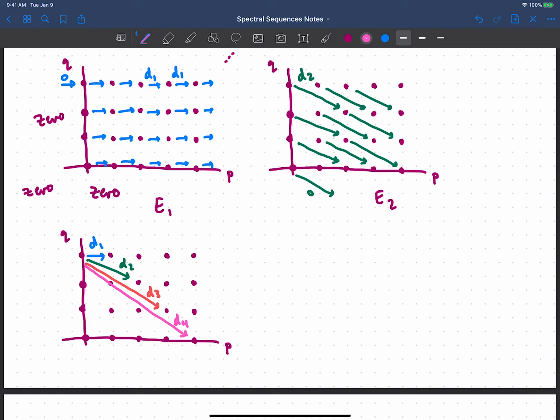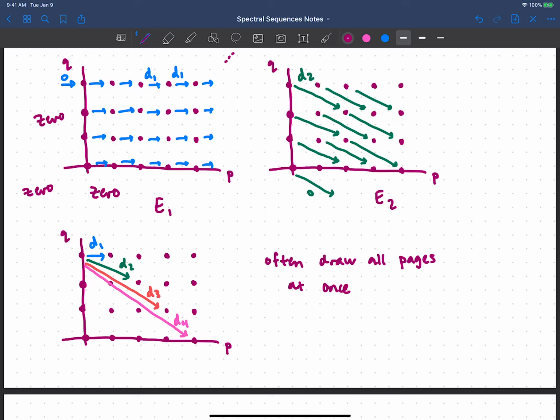So this is what we mean by a first quadrant spectral sequence stabilizes, because at any given position, eventually your differential will land in 0, in the 0 region, and then it'll be 0 forevermore. So we have some stabilization at each spot. Okay, I said this out loud, but maybe it's worth writing here. So what I'm doing here is drawing all the pages at once.